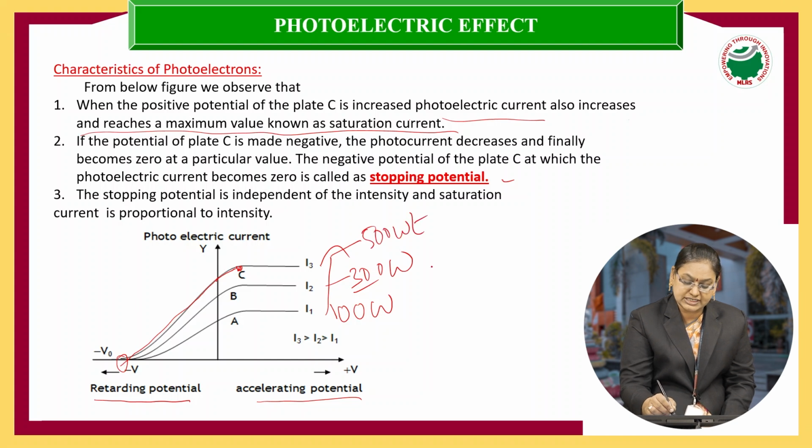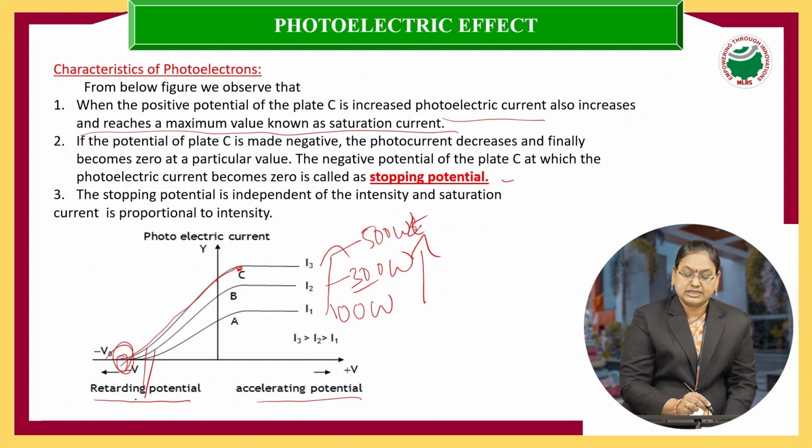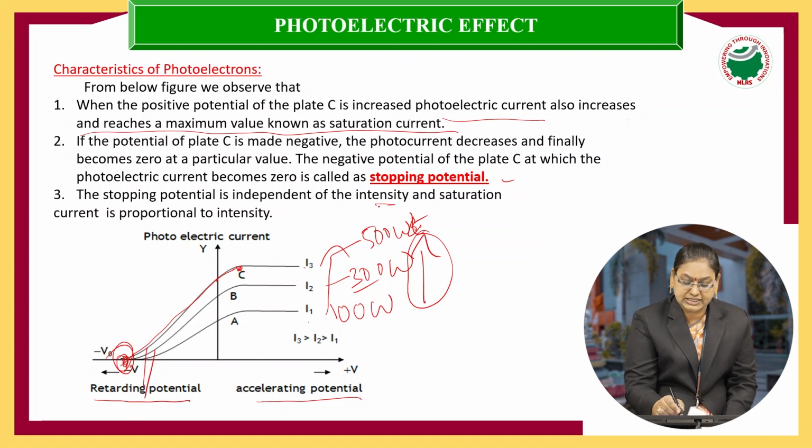As you increase the intensity, what is happening to stopping potential? There is no change in the stopping potential. That means intensity is independent of stopping potential. For all three intensities, stopping potential has the same value.